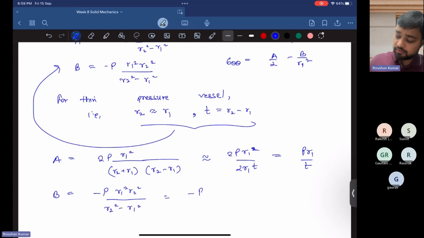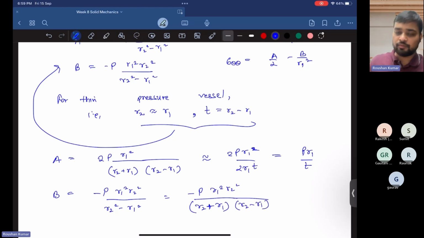We can write R2 square minus R1 square using the identity A square minus B square is A plus B into A minus B, so R2 plus R1 into R2 minus R1. Since R2 is approximately equal to R1, R2 plus R1 is approximately 2R1, and R2 minus R1 is T.